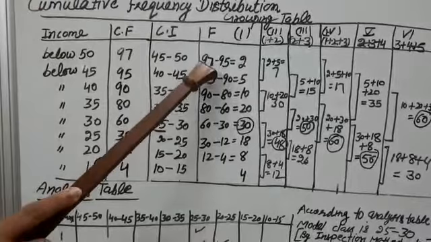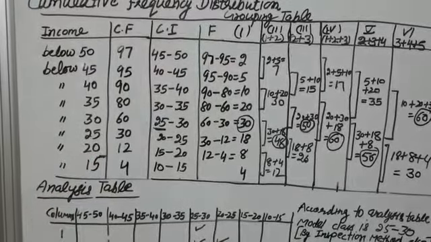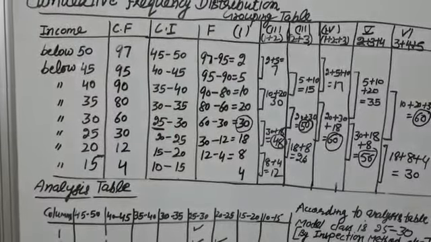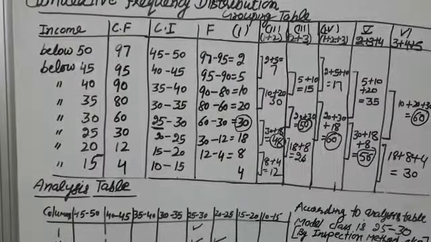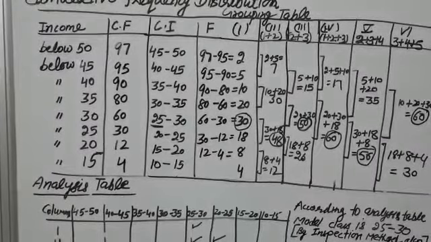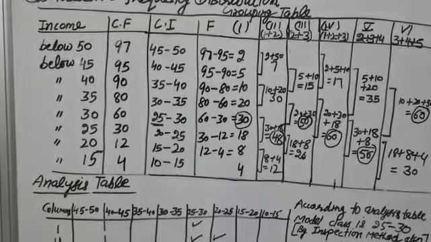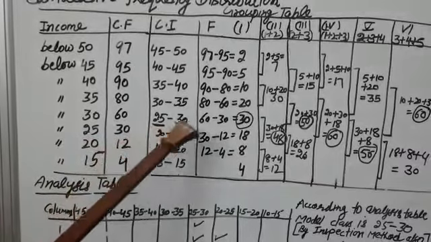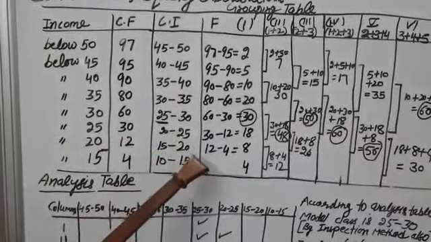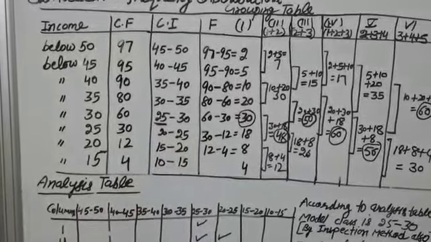The frequency shall be 97 minus 95, which is equal to 2. Then the next class interval shall be 40 to 45, and in this way 35 to 40, 30 to 35, 25 to 30, 20 to 25, 15 to 20, 10 to 15.